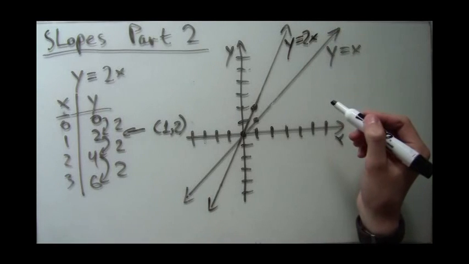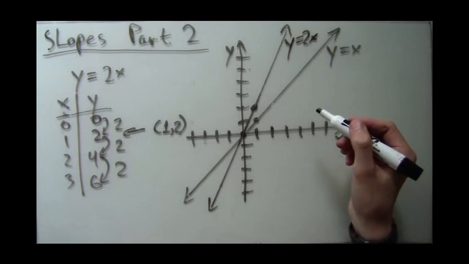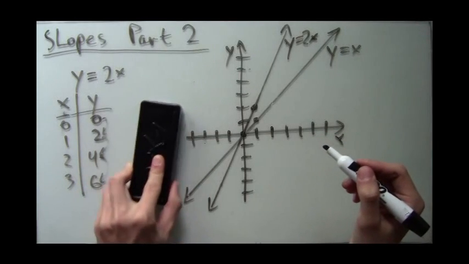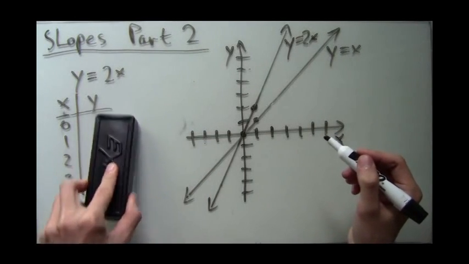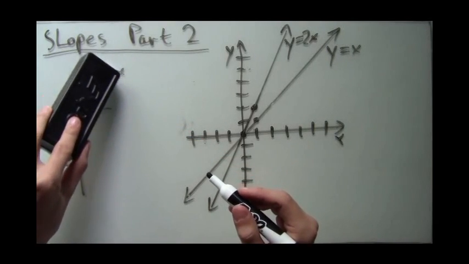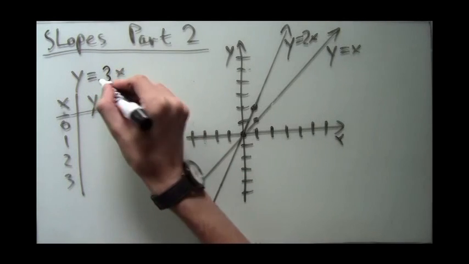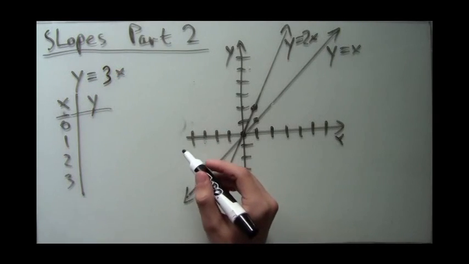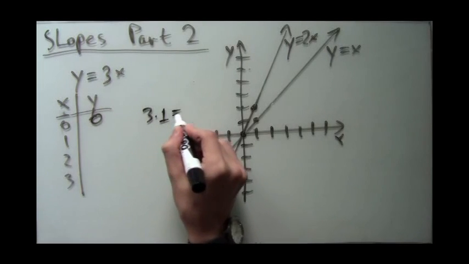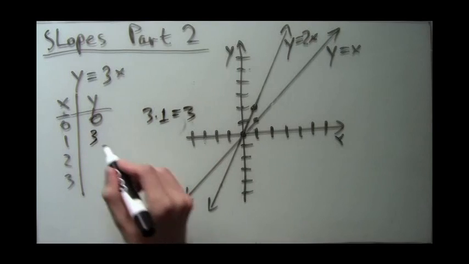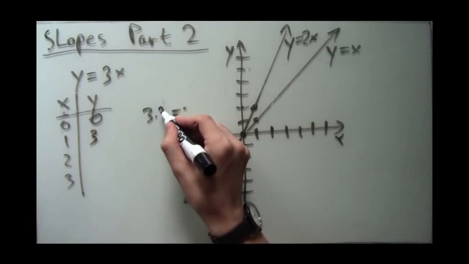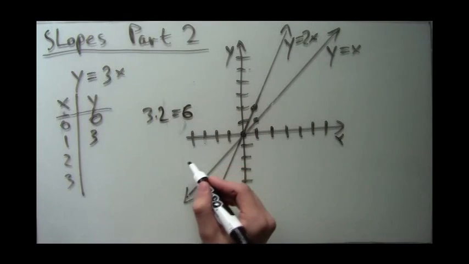So let's take another example function now. We will move on to y equals 3x. Now since we have x multiplied by 3, the slope should be 3. Of course, if x equals 0, then y also equals 0. 3 times 1 is 3, giving y equals 3 if x equals 1. 3 times 2 is 6.